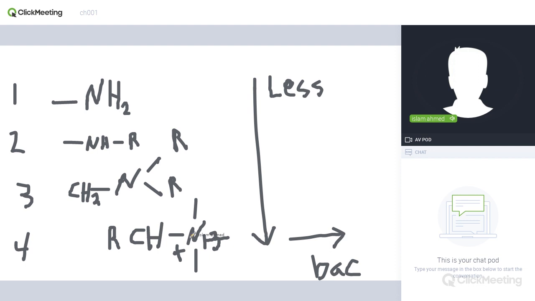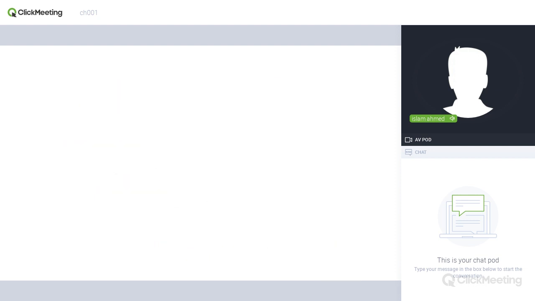As we have low number of carbons, that means more water soluble. If we have high number of carbons at the alkyl group here, it will give me low water solubility, high lipid solubility.